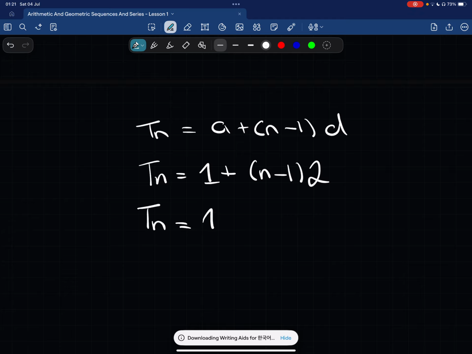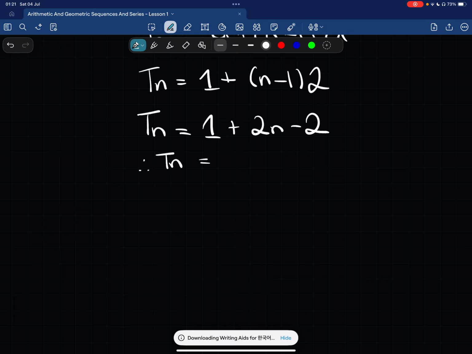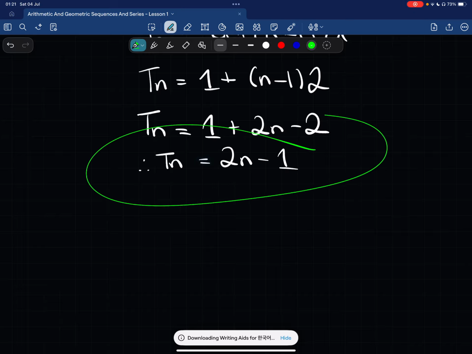So Tn is equal to 1 plus 2 times n is 2n. And then 2 times negative 1 is negative 2. Therefore, Tn is equal to 2n, 1 minus 2 is minus 1. So this is the formula for a sequence that will generate all of the odd numbers.